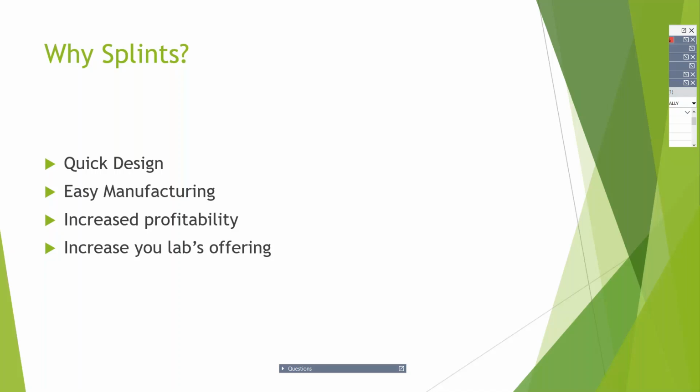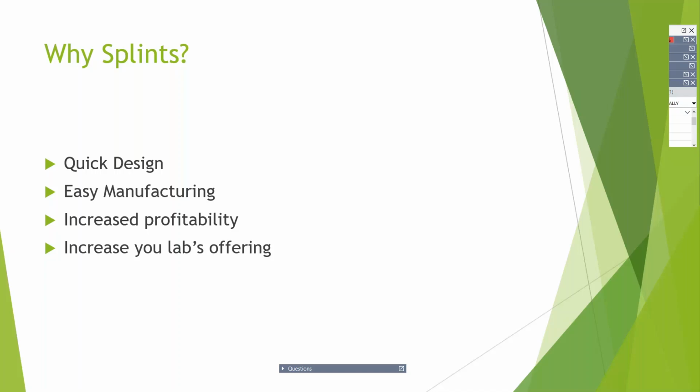The first reason I like to encourage laboratories to learn how to digitally manufacture splints is how easy and quick it is to design them. If you used the previous 3Shape Splint Designer, you're probably painfully aware that the software was, and I'm being generous, a bit cumbersome.